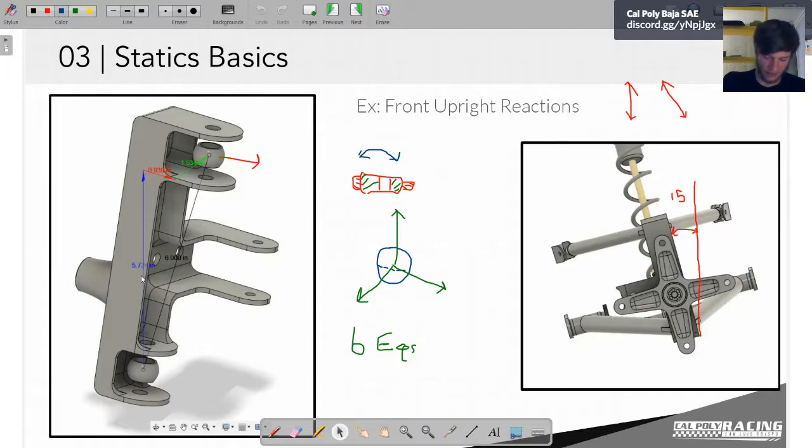So 5.724 is the Z direction. We have X equals minus 0.939, and Y equals 1.534.